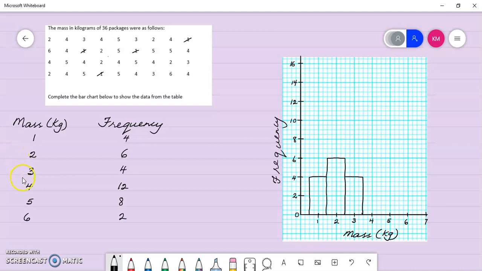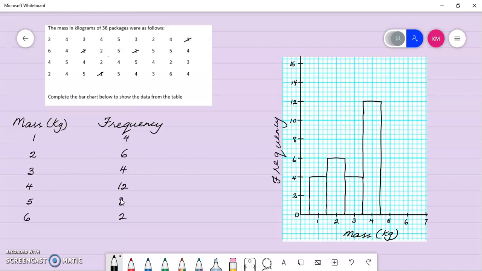at 4, mass 4, it has a frequency of 12. So I need to locate 12. 12 is here. At 5, my frequency is 8.